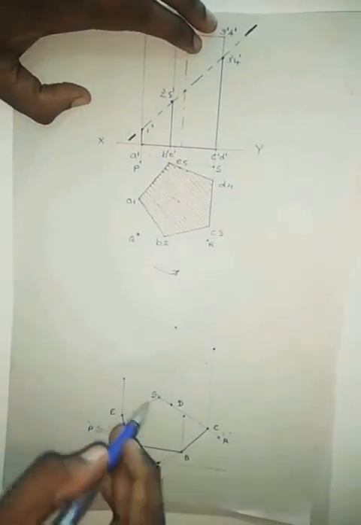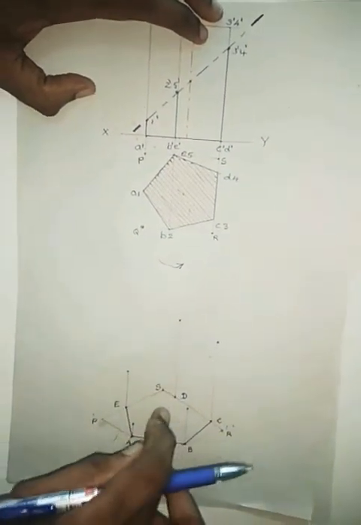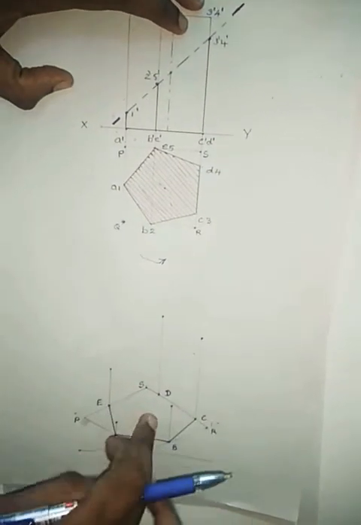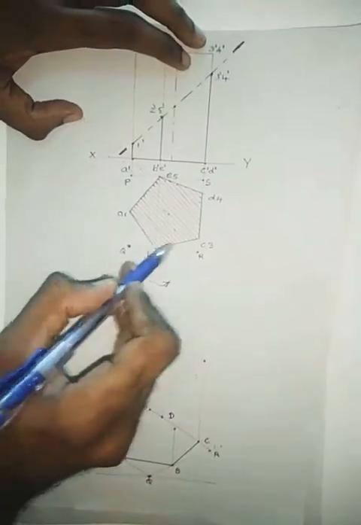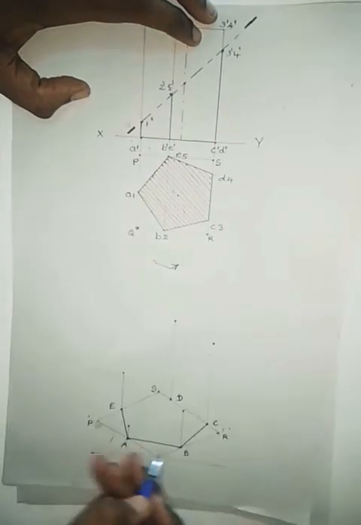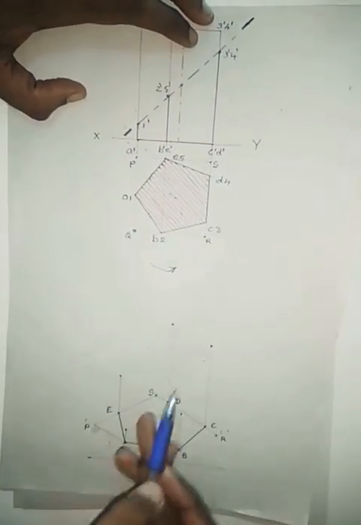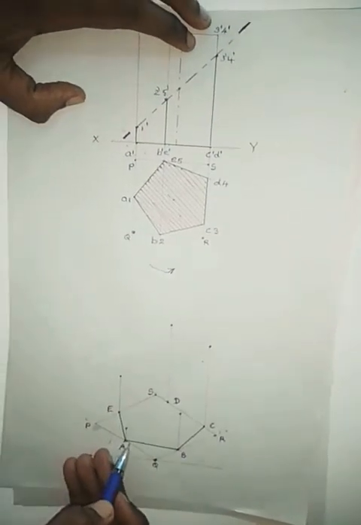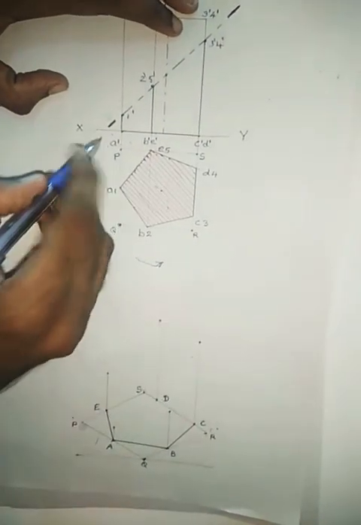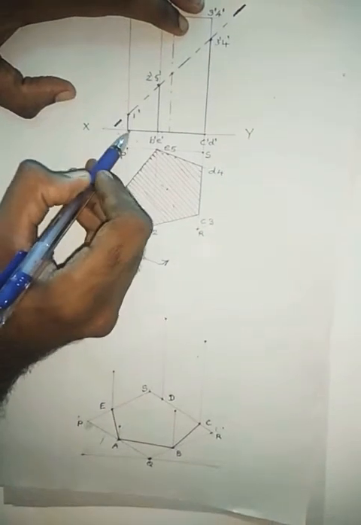In the previous question, next I would have identified the section points 1, 2, 3, 4, 5, 6 inside this box. But here the section points are these points itself. These itself are our section points A, B, C, D, E. So you have to draw the vertical lines from these corners itself. First from A I will be drawing a vertical line. The distance taken should be the distance from XY till 1 dash.